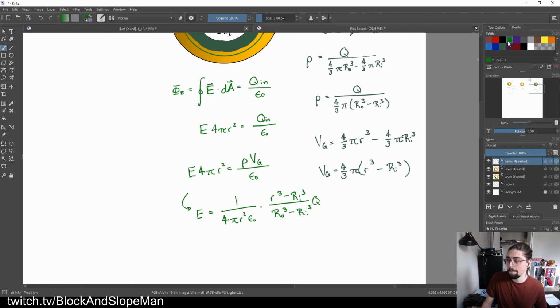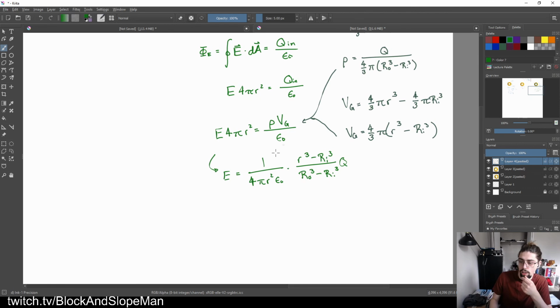But that's okay. Because what we really did was we avoided doing a really crazy integral, right? We turn this into really just a geometry problem. We have to figure out what these volumes are, but that's geometry, and we can do that. Let me write this a little bit cleaner.